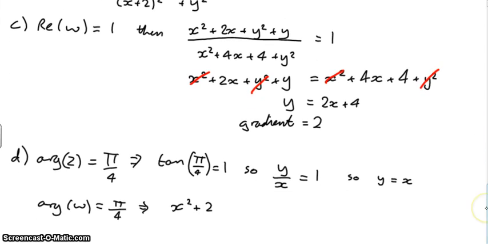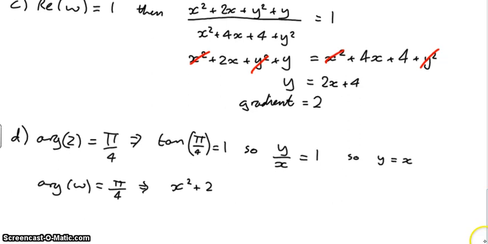So we have here the real part of w, x squared plus 2x plus y squared plus y, needs to equal x plus 2y plus 2. The real part needs to equal the imaginary part, and as we're dividing by the bottom, it doesn't really matter what the bottom is.